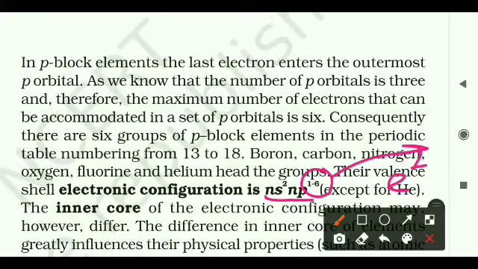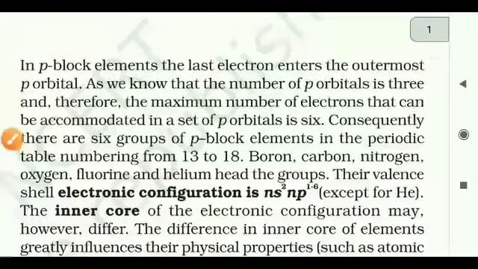For group 14 it is ns2np2. Similarly, when you come to group 18, the last group of the p block elements, the electronic configuration will be ns2np6. So that's why the general electronic configuration for p block elements is ns2 np1 to 6. It means electrons can be filled from 1 to 6 in the p orbital.